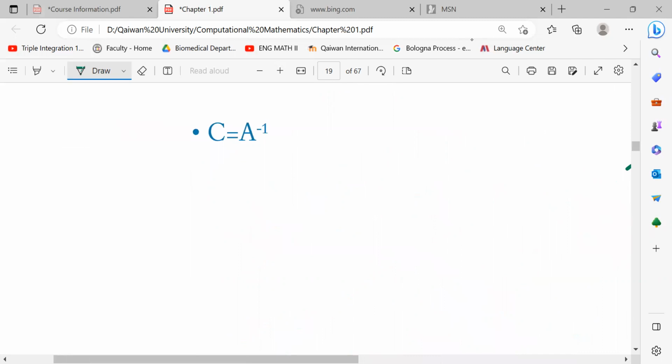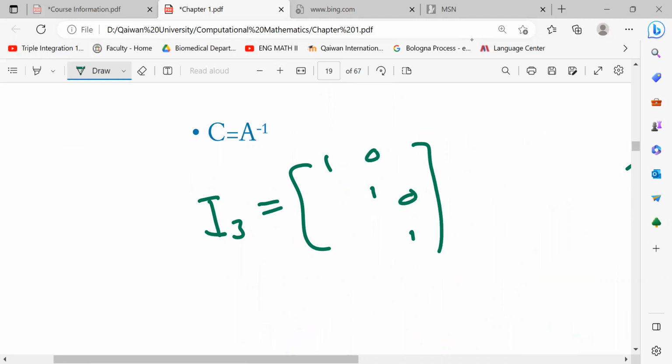Let's take another one. If we have I3, the elements on the main diagonal are all 1, and all the other elements must be 0. All the upper and lower elements must be 0, 0, 0, 0, 0, 0. This matrix is called an identity matrix of size 3.